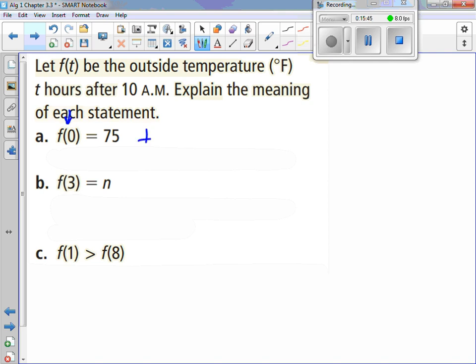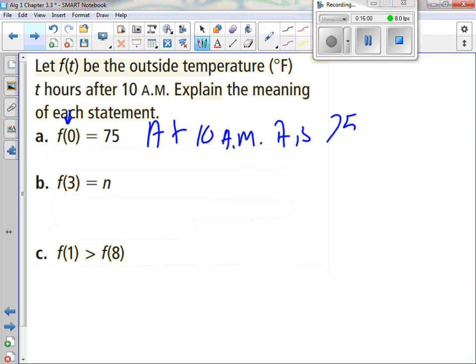So it is 10 a.m. It is 75 degrees Fahrenheit. Because 0 hours after 10 a.m. is still 10 a.m., so at 10 a.m., it's 75 degrees Fahrenheit. Now, what does the next one tell us?